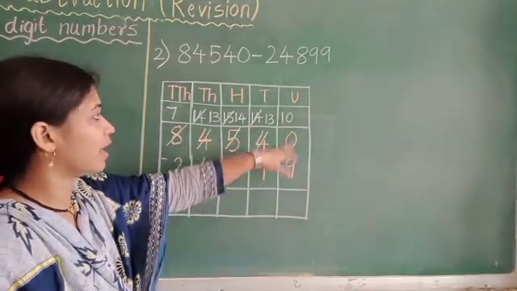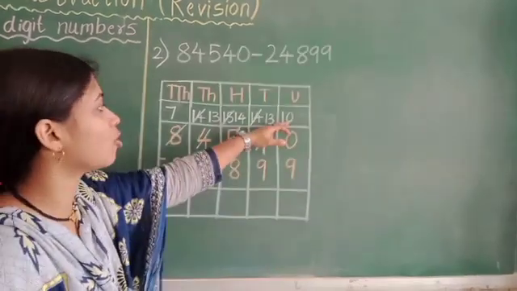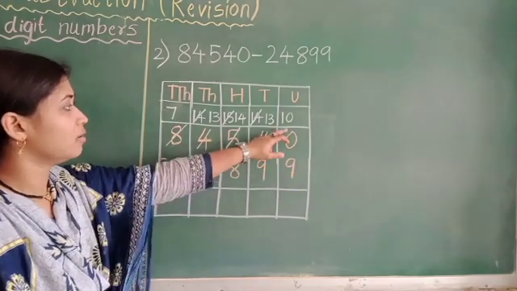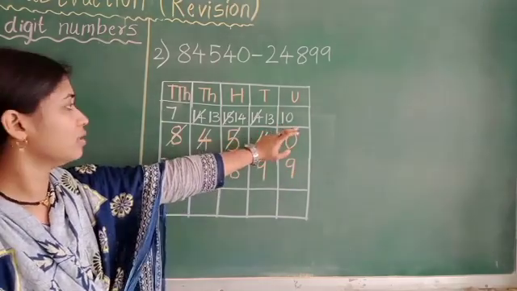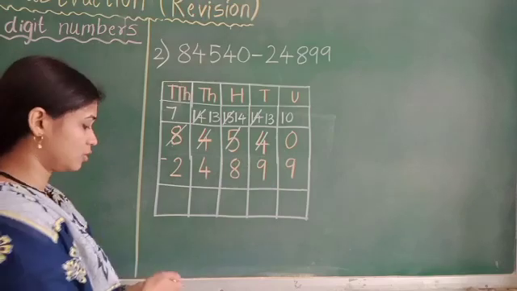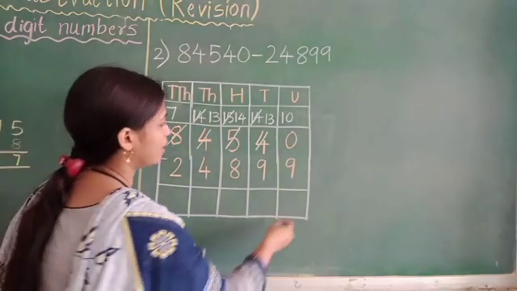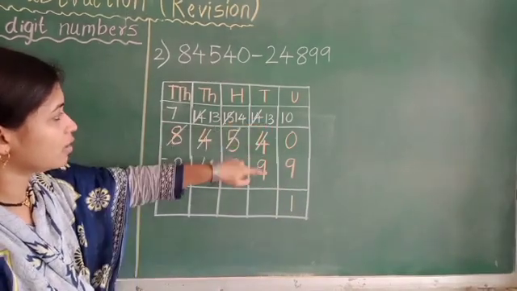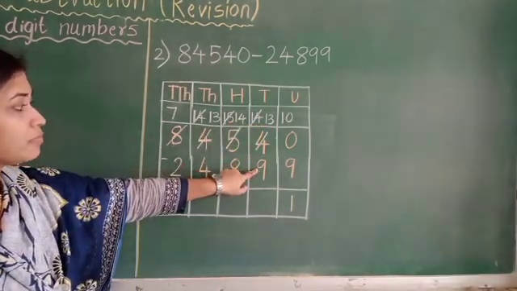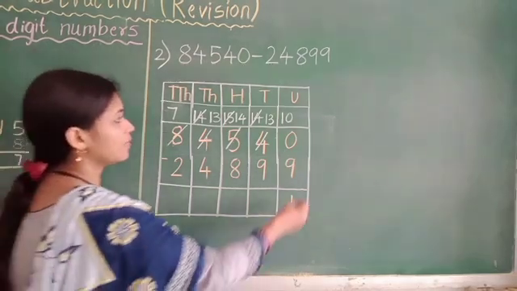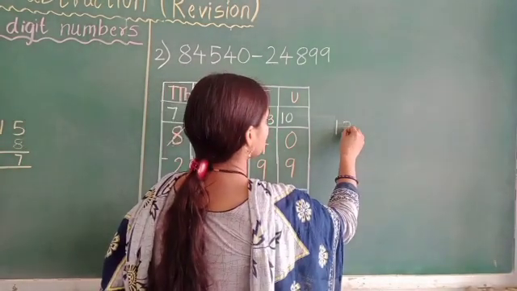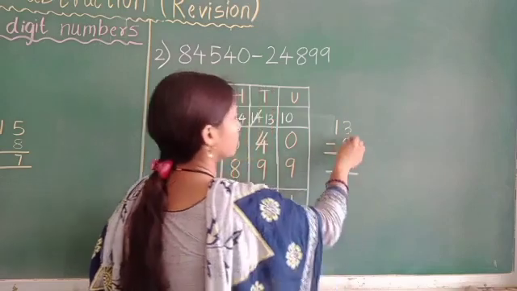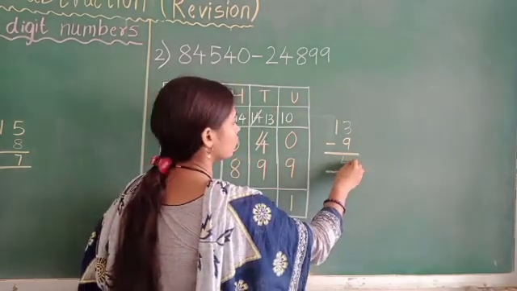Now can we subtract 9 from 10? Yes, because 10 is greater than 9. So 9 we can subtract from 10. 10 minus 9 is how much? 10 minus 9 is 1. 1 will remain. 13 minus 9 is how much? 13 minus 9 is 4.